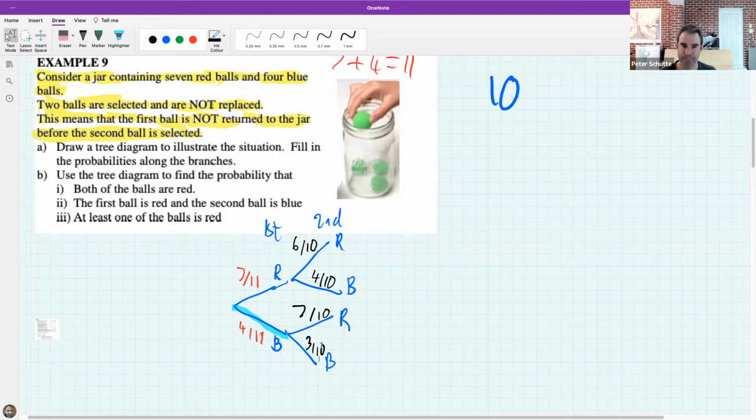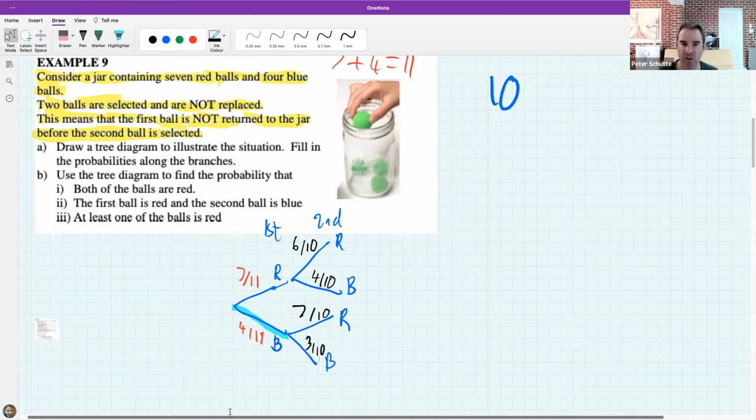So the only difference when we don't replace the balls is that we have to bring the denominator down by 1. You'll notice it went from 11 to 10. If we chose a red, the red went down by 1. If we chose a blue, the blue went down by 1. And that's it.